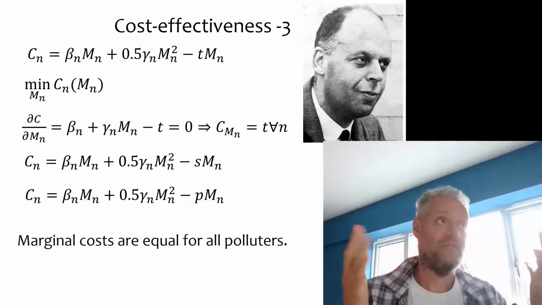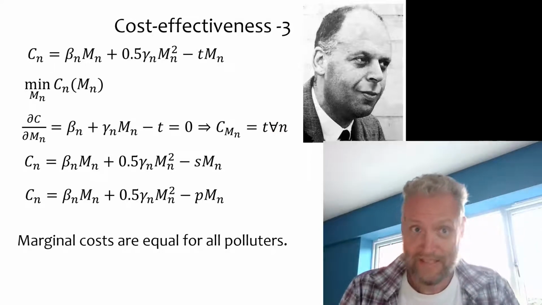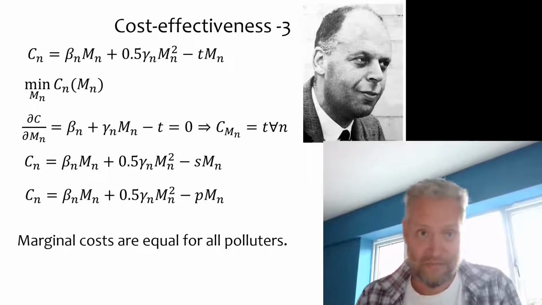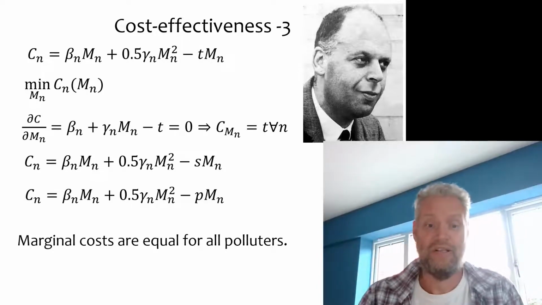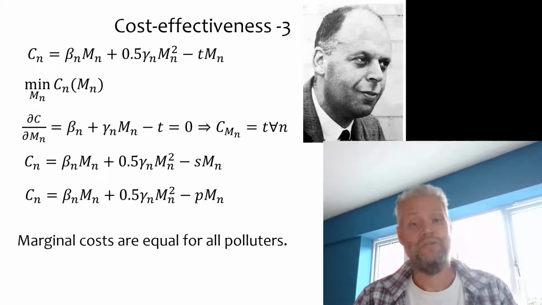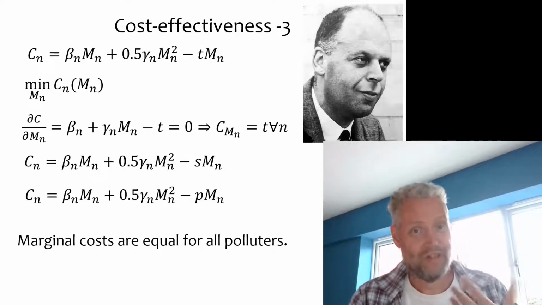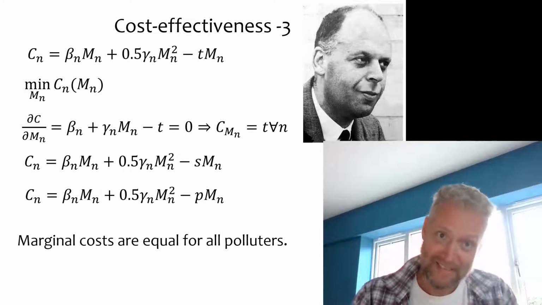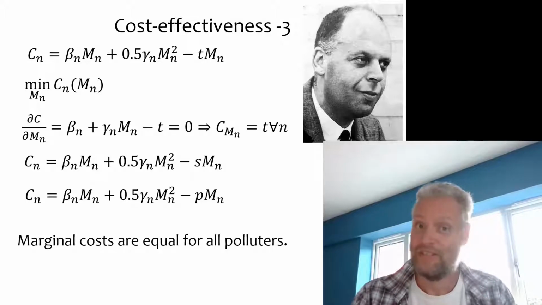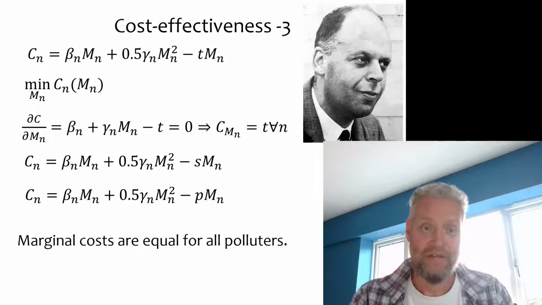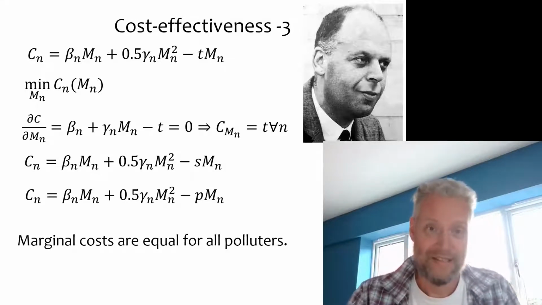So if everybody is in the same market and everybody faces the same permit price, then the marginal costs of emission reduction are equal for all polluters. So environmental taxes, environmental subsidies, tradable permits, provided that taxes are homogeneous and subsidies are homogeneous, and everybody is in the same permit market, everybody faces the same price, are automatically cost effective.